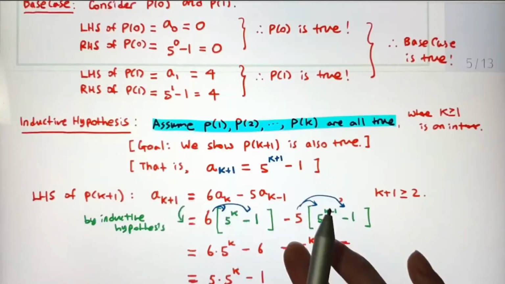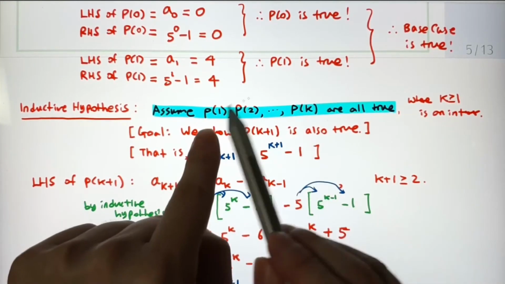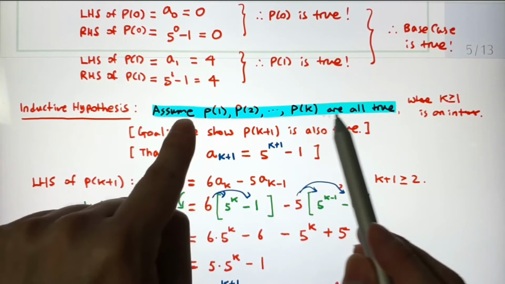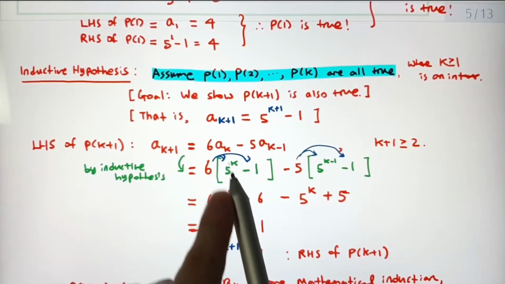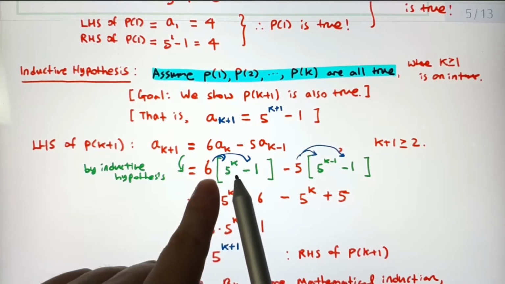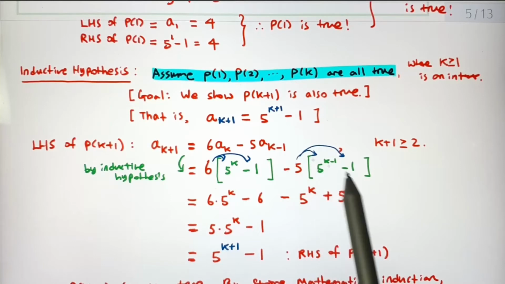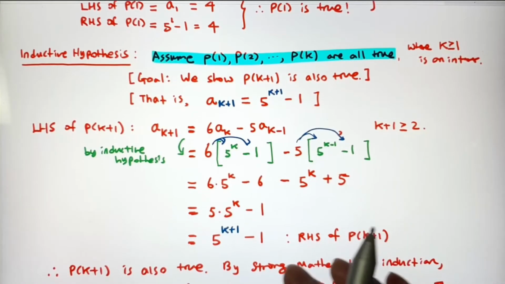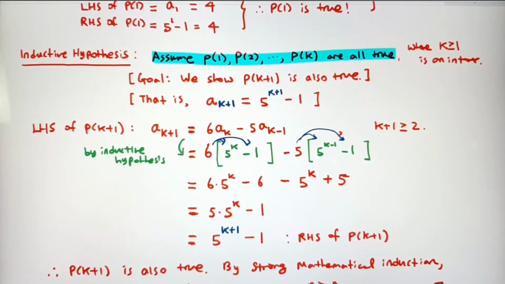For example, we assumed all statements greater than or equal to 1, which means P of 1, sorry. This is so strong that we were able to change a_k to this formula because they are true. a_(k-1) became this formula because we assume this is true. So when the inductive step requires multiple truths, then we have to use strong induction.